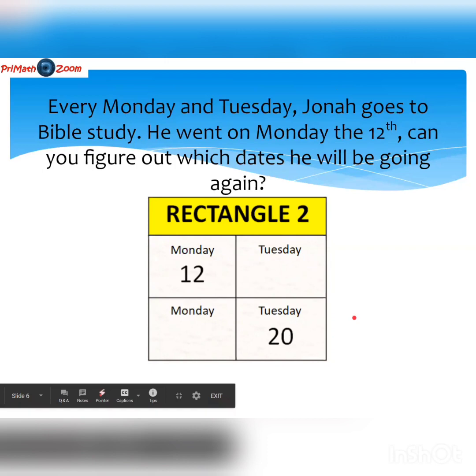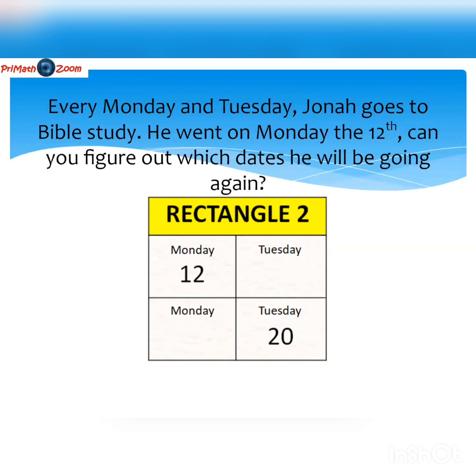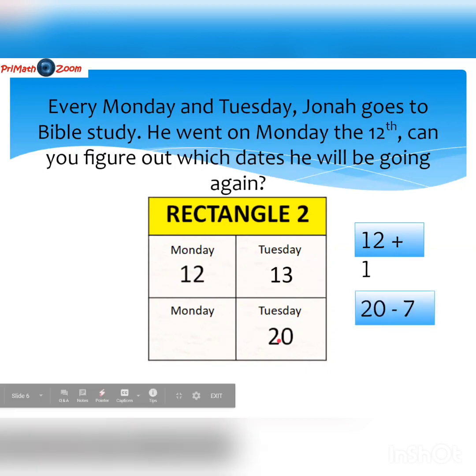So based on what we have learned so far, can we just go ahead and fill in these parts? Okay, so we know that 12 plus 1 can give us Tuesday's date. And we also know that 20 minus 7 can give us Tuesday's date. When we did all of these, we will get the 13th.